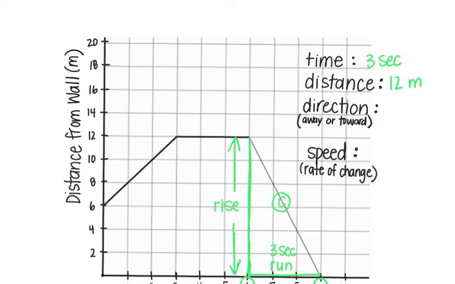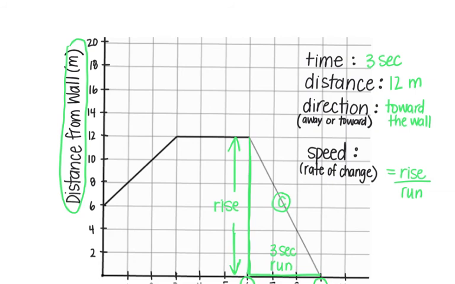So his direction in this case is going toward the wall. His speed can again be calculated by looking at the rise over the run. Once again, on this graph, distance is the dependent value, so it's going to be corresponding with the rise, and time is corresponding with the run.